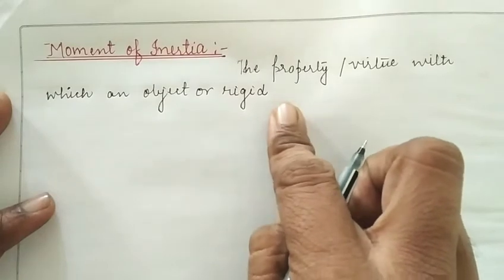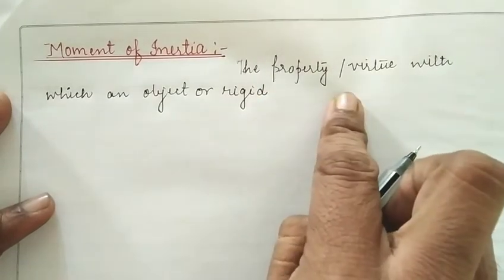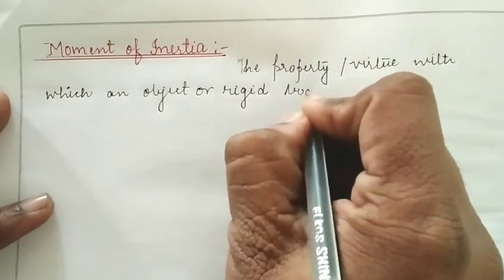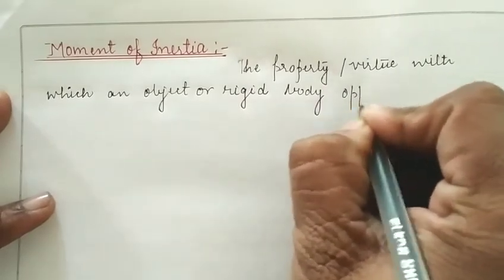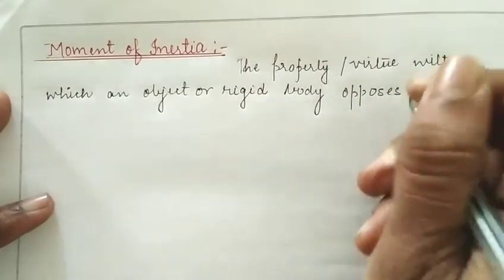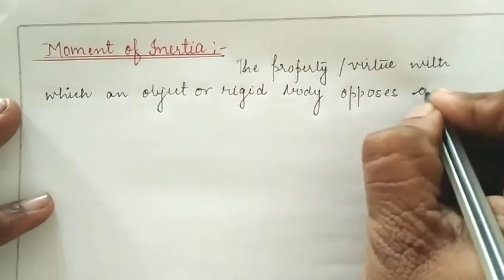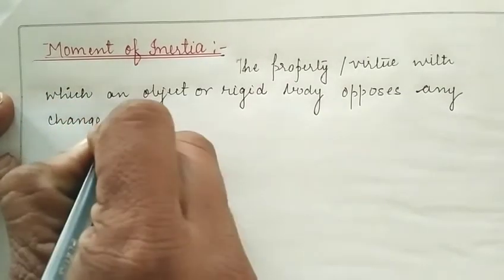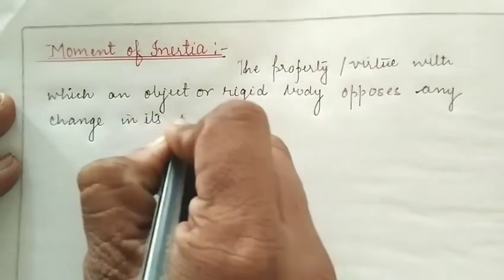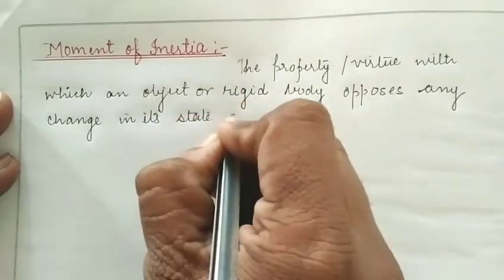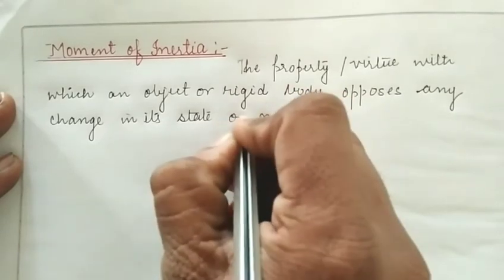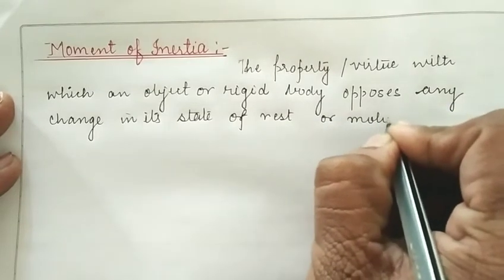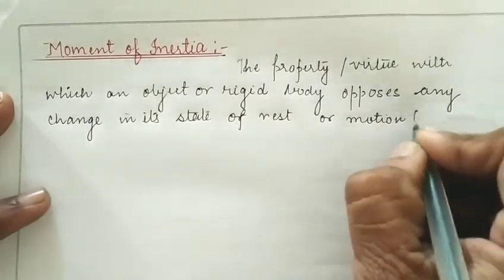So in the context of a rigid body, what I am saying is that the property or the virtue by which an object or a rigid body opposes any change in its state of rest or motion, and that the motion should be rotational motion.